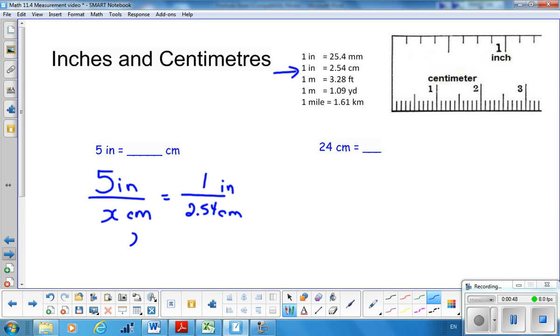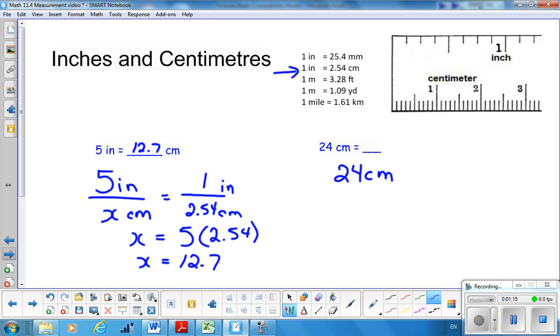When we cross multiply, we can find that x will be equal to 5 times that conversion factor. When we multiply 5 times 2.54, we end up with x being 12.7. So 5 inches is 12.7 centimeters.